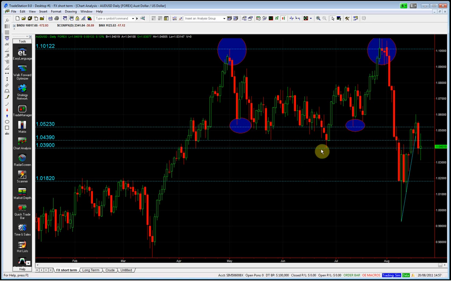The 103.90 is the standout point. It's the lowest low of this setup. That's your structural short. Structural long is the 105.23.